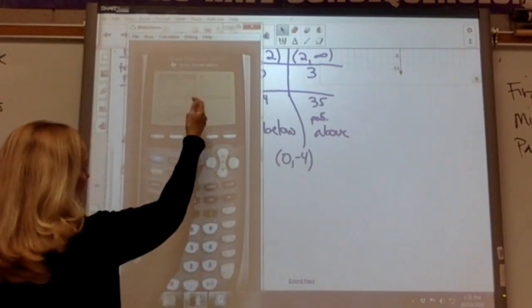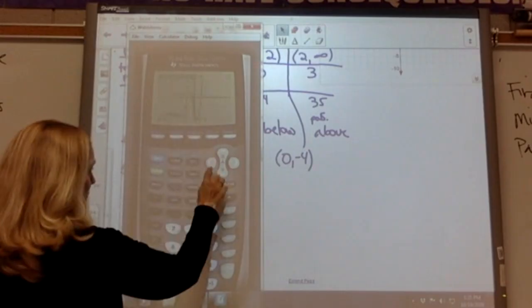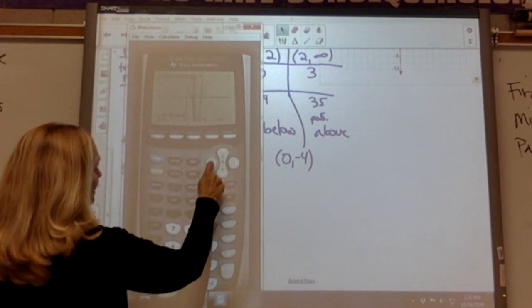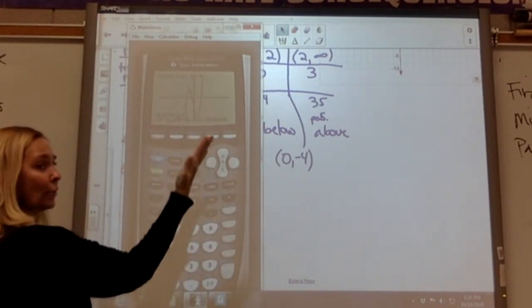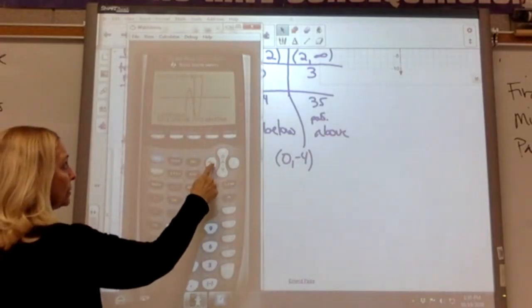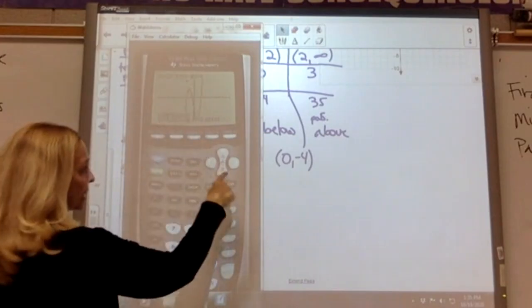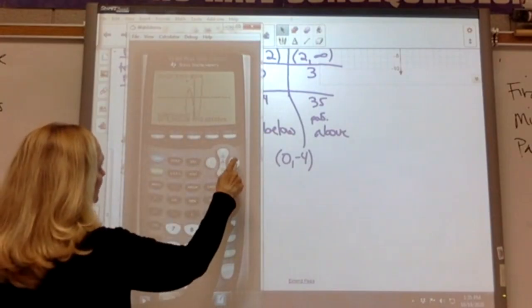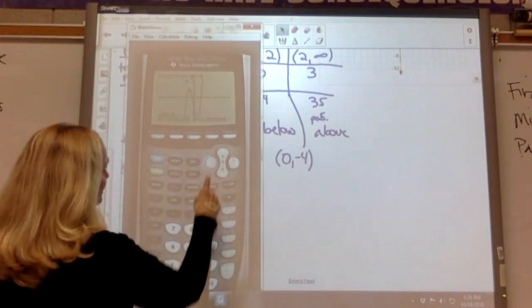So I'm going to move my cursor to that hump on the maximum point. So I go to the left. Now I'm on it. It's asking me for a left bound, so I need to go over to the left side of the little mountain peak or hump. Okay, press enter. Now I want to get just to the right side of that hump. I press enter. Now I want to try to get on the top of it if I can.